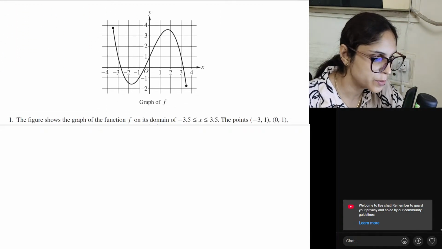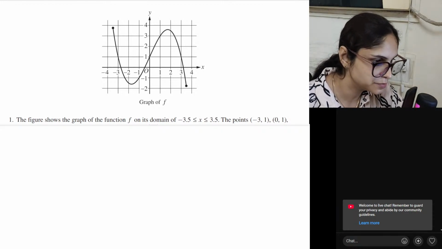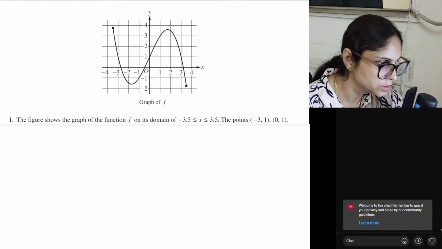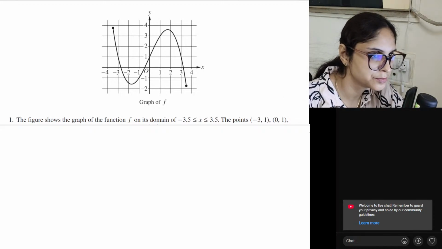So this is the first question and there is this diagram. First we will keep the diagram with us alongside the question so that we won't have to go back and forth. So let me just do that.